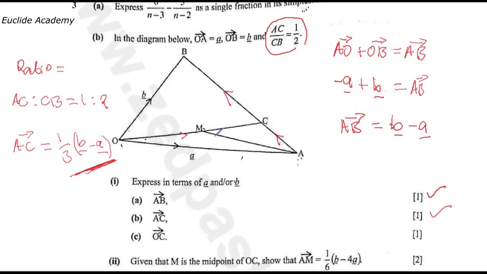It is basically addition of vectors. We are adding the vector OA, so the vector OC, according to here, will be equal to the vector OA plus the vector AC.